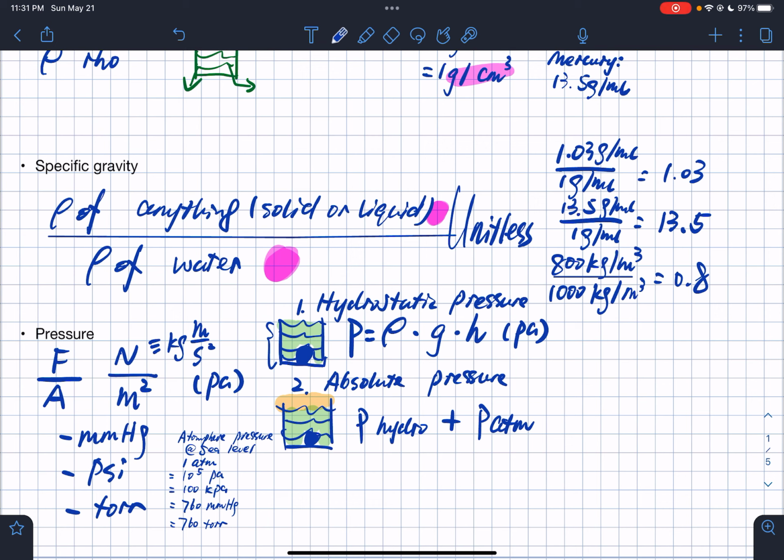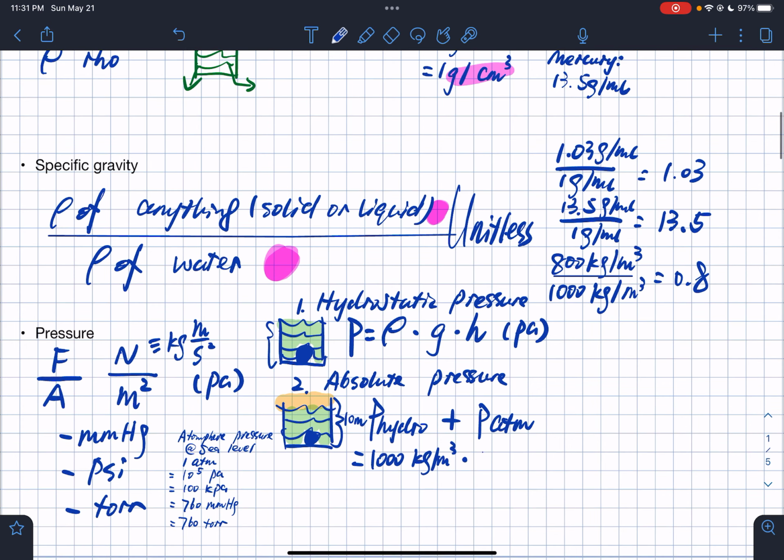Okay, so let's calculate the absolute pressure of this system. Let's say the submersion is 10 meters, and let's imagine that it's just water. The hydrostatic pressure will be the density of water, 1,000 kilogram per meter cubed, times the gravitational acceleration, which is 10 meters per second squared, times the submersion of 10 meters in depth.